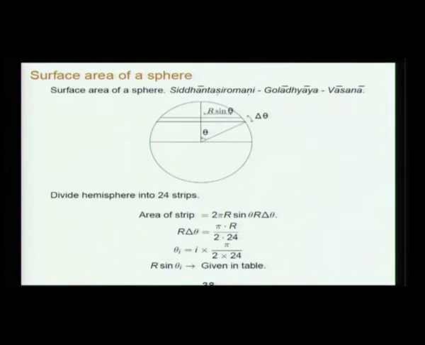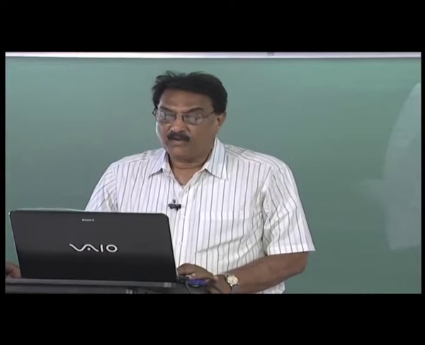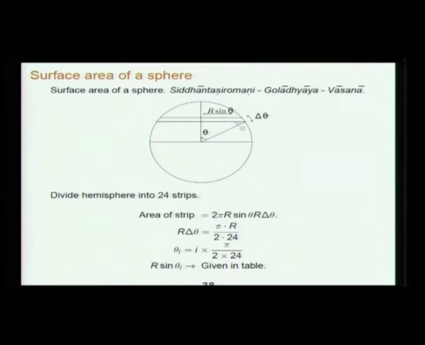Then surface area of a sphere, so that is a little tricky. He discusses this in Siddhanta Shiromani Goladhyaya, and in the Vasana, that is the commentary he has himself written. So there he discusses that. What he does is divide the hemisphere into 24 strips, okay.